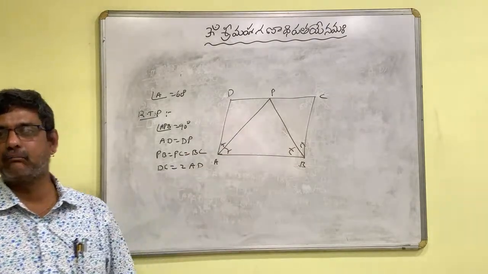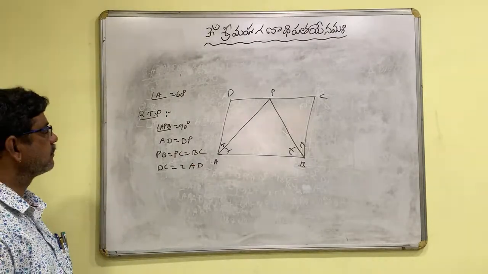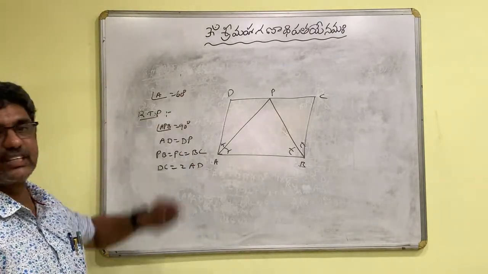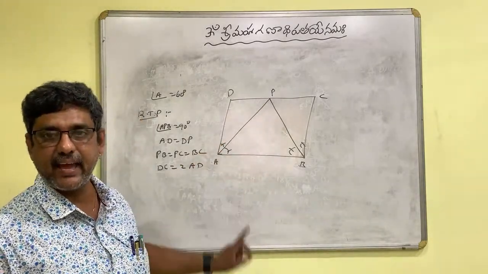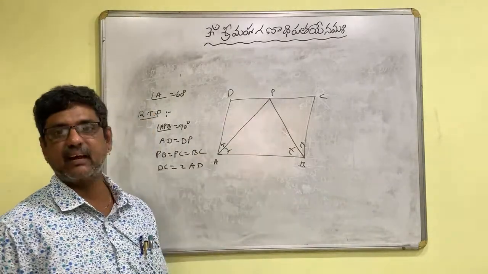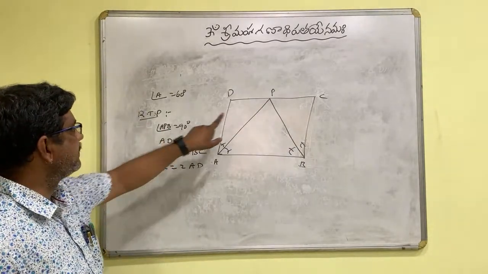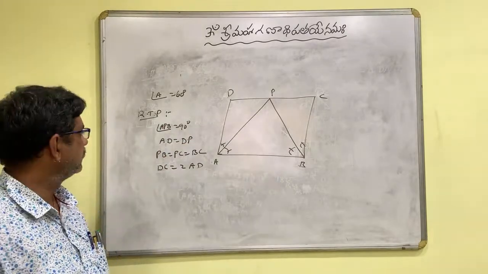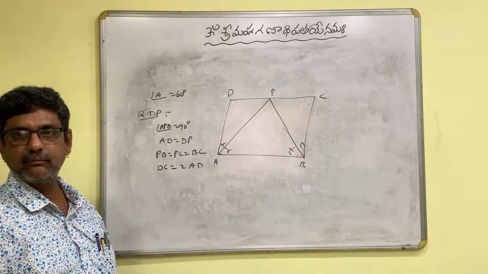ABCD is a parallelogram. Given angle A is 60. AP is the bisector of angle A. BP is the bisector of angle B. We need to prove angle APB, this angle, is 90. Second one, AD is equal to DP.